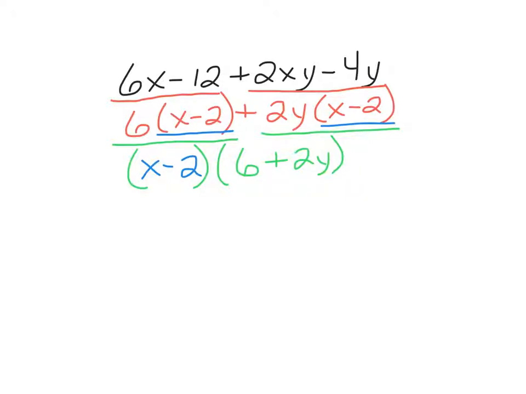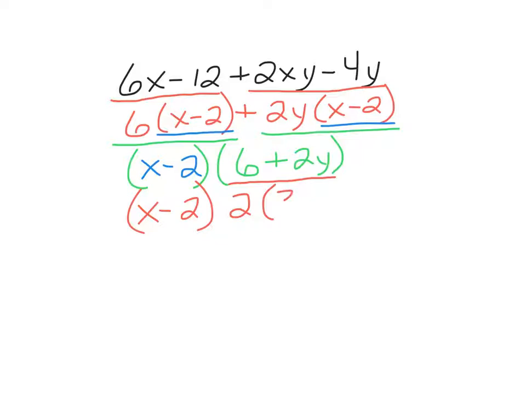But remember, it's always important to factor completely. I take a look at this second factor that I have here, and I notice that in that I can factor out a 2 also. So my final answer for this is really x minus 2 inside the set of parentheses. I'm going to factor a 2 out of that second term, the second factor that I have.